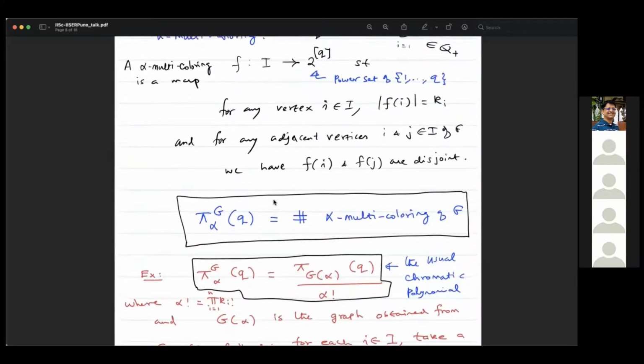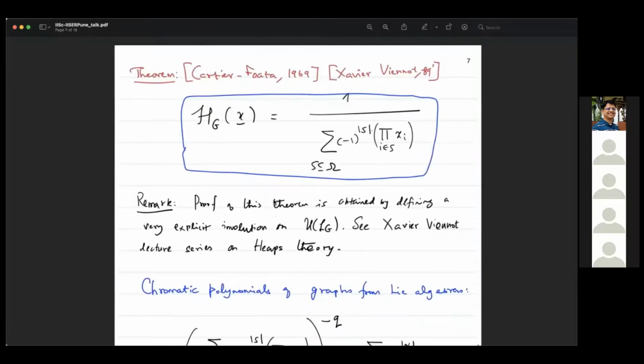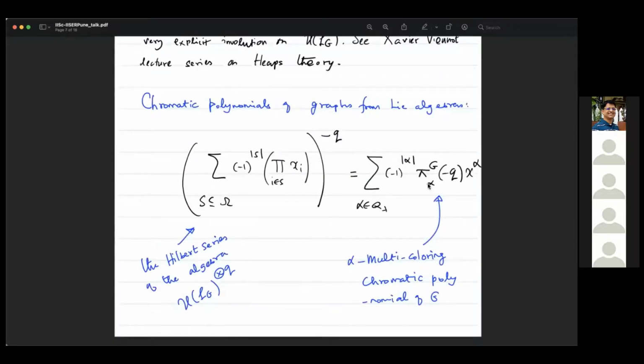That means you are indeed not getting anything very interesting in terms of polynomials. But still, these are interesting polynomials. Chromatic polynomials are very well studied, and we want to understand many properties of those polynomials.